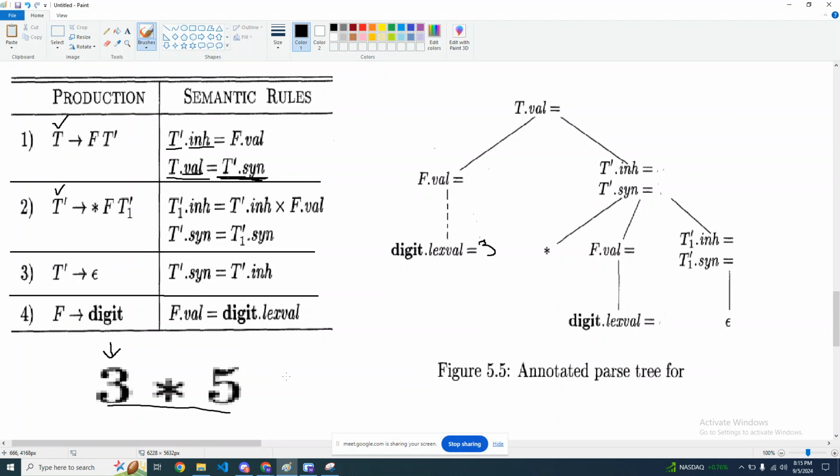And we are going to get 5 from here, digit dot lex value. Now this 3 will be passed to f, because f dot value is digit dot lex value. So this will be passed to f, which is 3. Again, here the 5 will be passed to f.